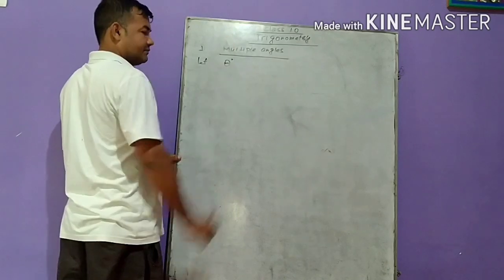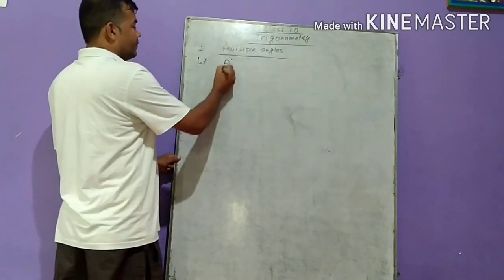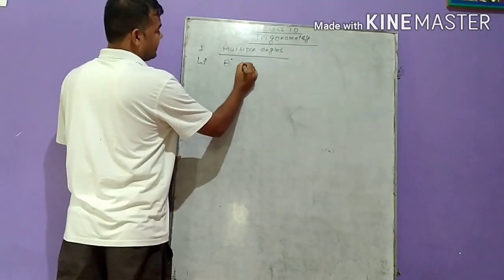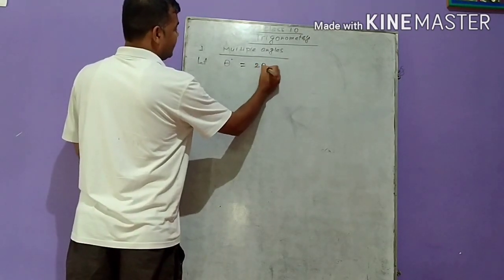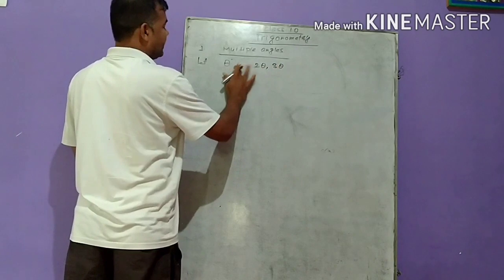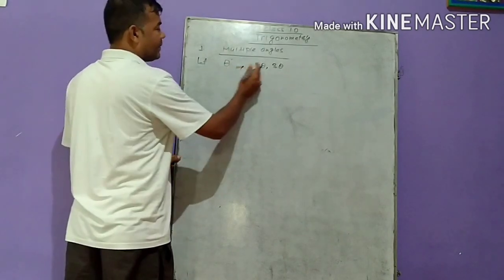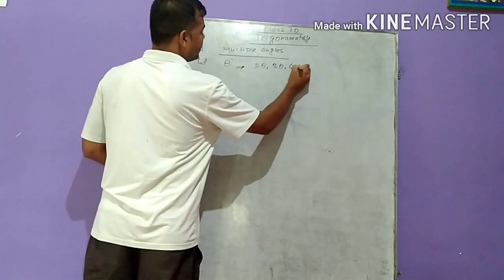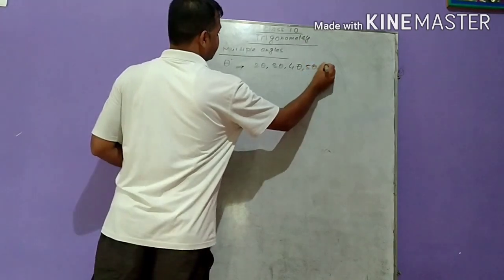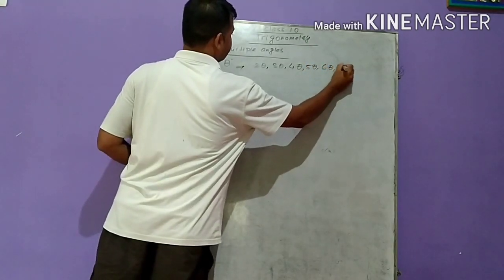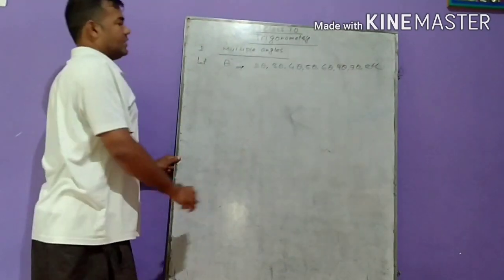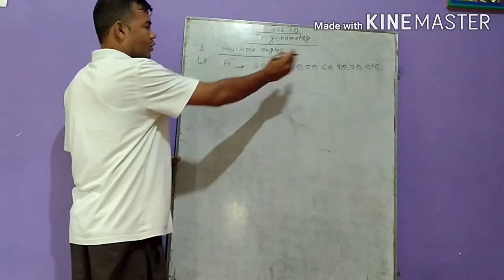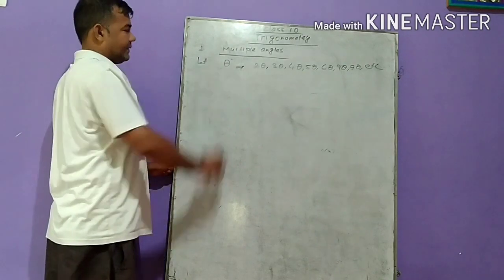Multiples of theta are equal to what? Theta, 2 theta, 3 theta, 4 theta, 5 theta, 6 theta, 7 theta, 9 theta, etc. In the same way, we can derive so many multiple angles for theta.